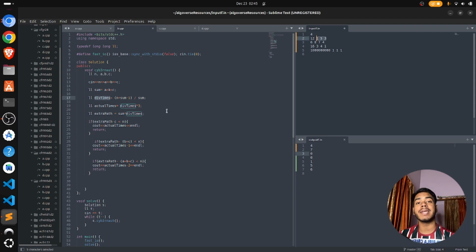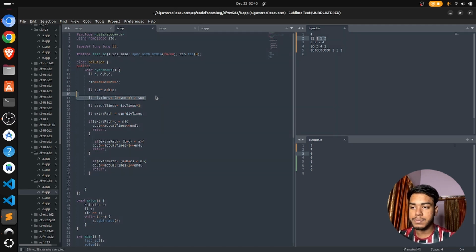We are taking the ceiling value, it is 2. Why? 12 by 9 is 1 point something, so the ceiling value is 2. So if you have to move 2 times with respect to this a, b, c, it will give you 2 here for the first example I am talking about.